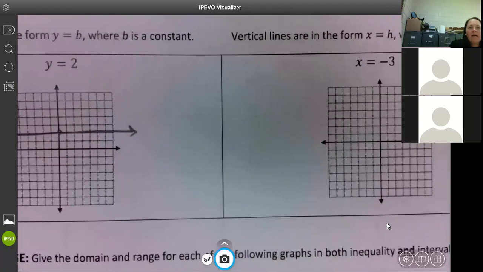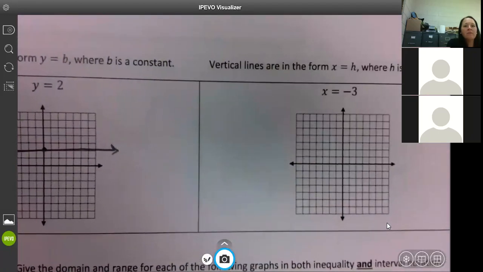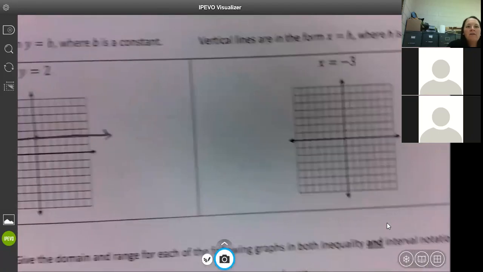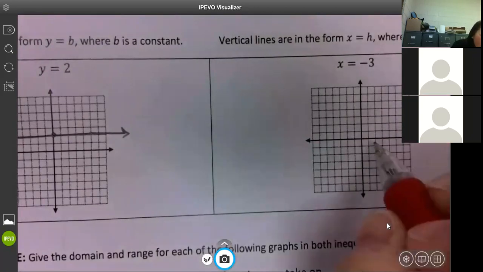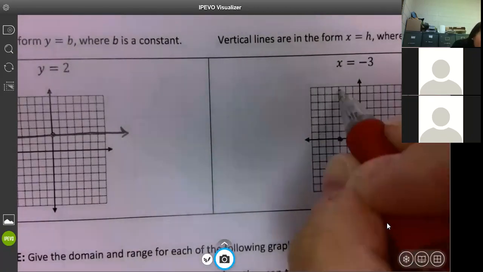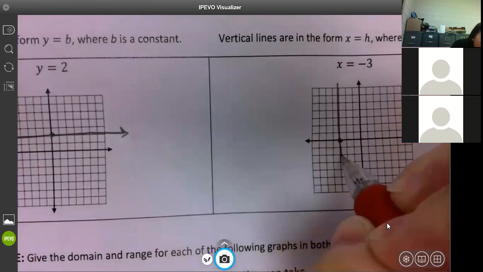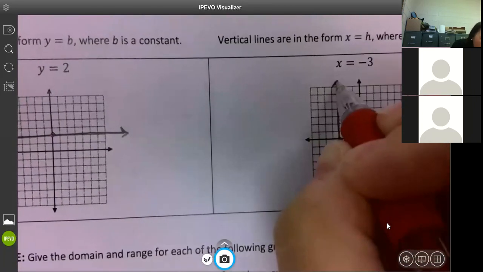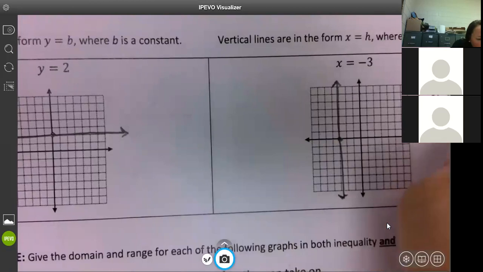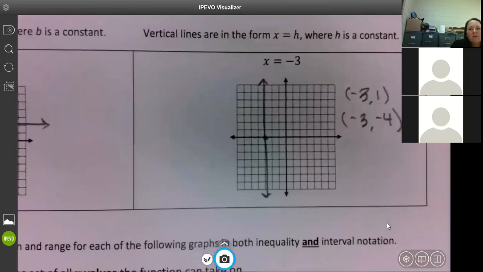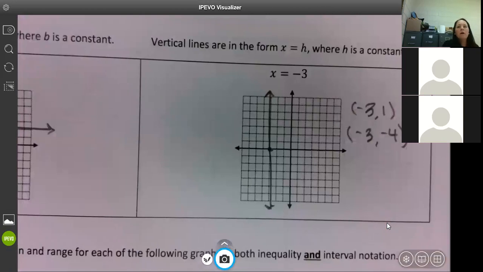If it's the other way, x equals, and I'll pull this up so we can see both of them at the same time. If it's x equals -3, I'm going to go to the x-axis and find -3. And all of these coordinates will have an x coordinate of -3. So like -3, 1, -3, -4. Any of those coordinates right there, again, will be on that line.